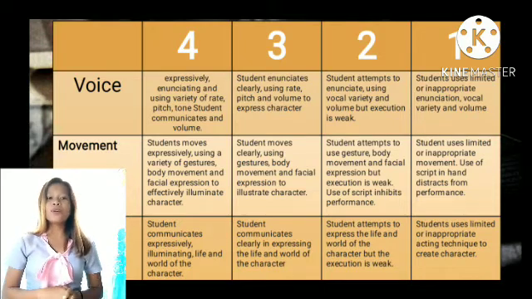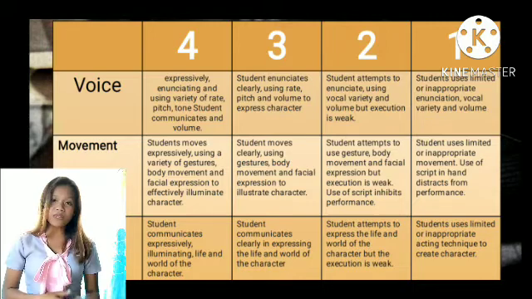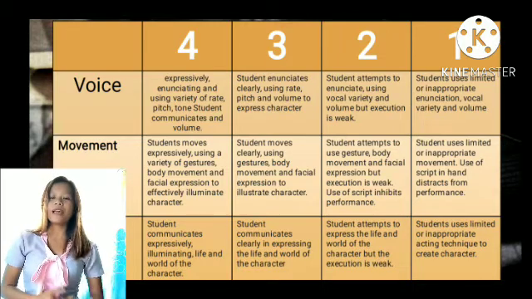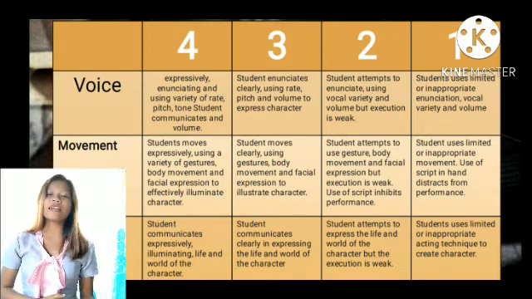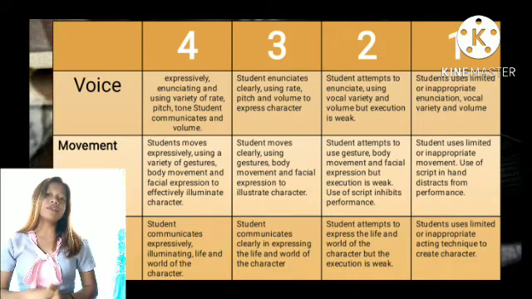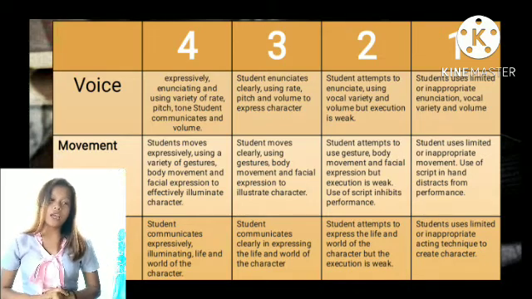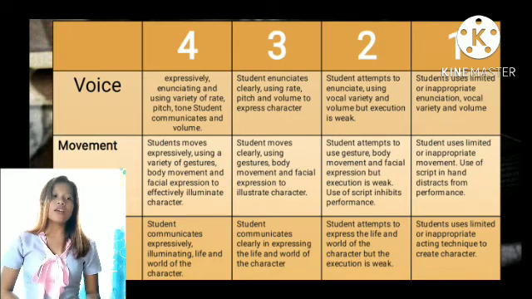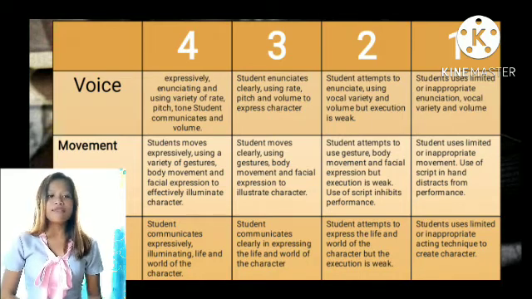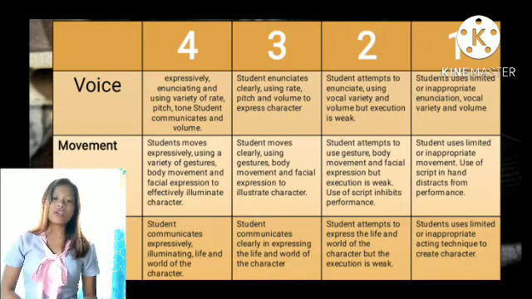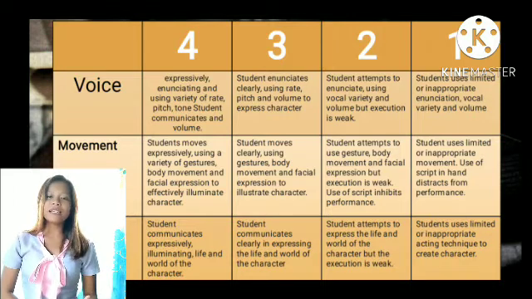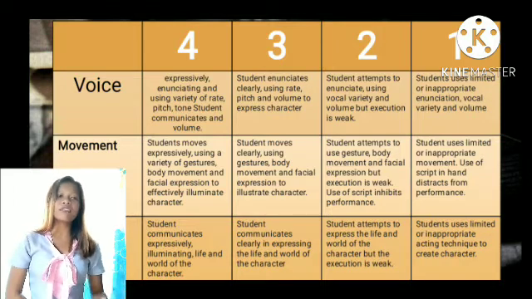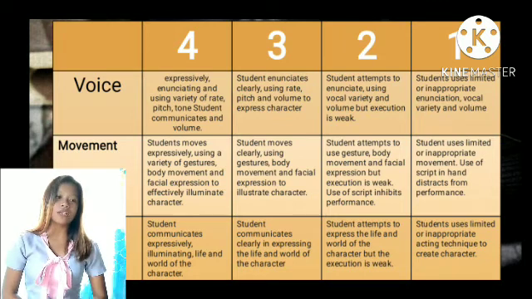And if you use limited or inappropriate enunciation, vocal variety, and volume, I will just give you 1 point. For the movement, if students move expressively using a variety of gestures, body movement, and facial expressions to effectively illuminate character, I will give you 4 points.